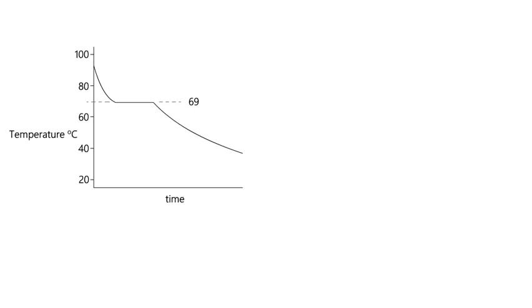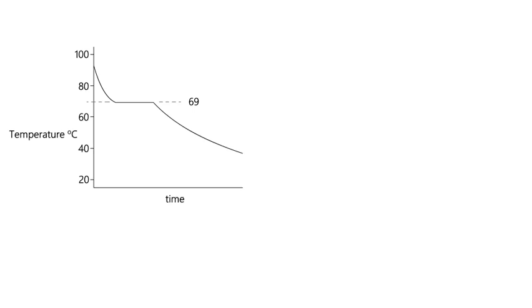So you've got your liquid cooling down, but as we get to 69 degrees, then the graph levels off. So we've got a horizontal line, and then after a while it starts cooling off again. And you should understand this graph and understand what's going on. If you did the experiment, your graph may not be as perfect as this one. This is a bit idealized, but there you go.